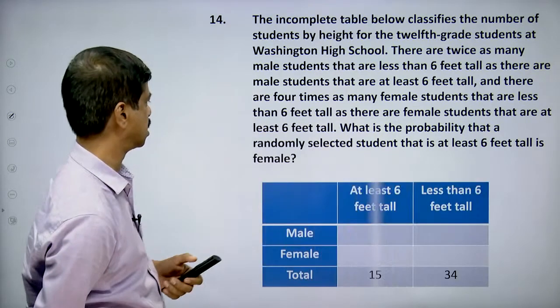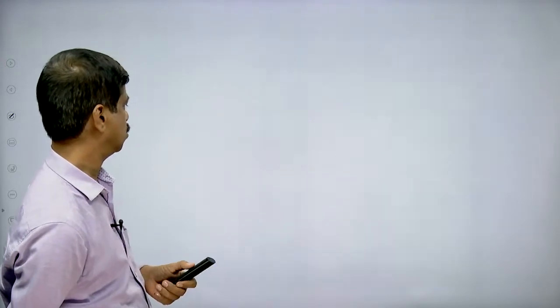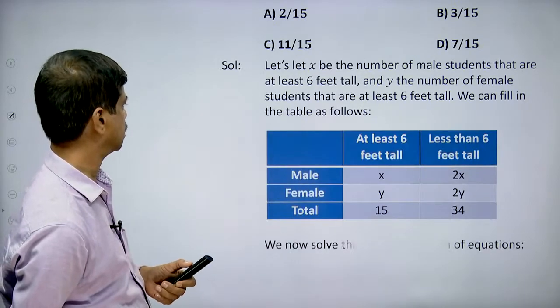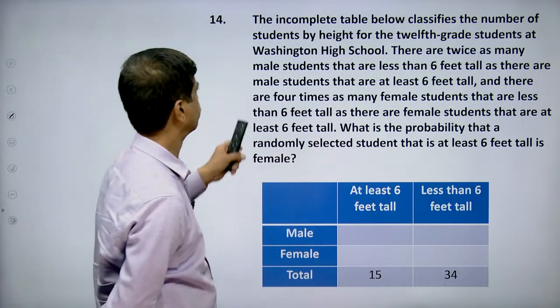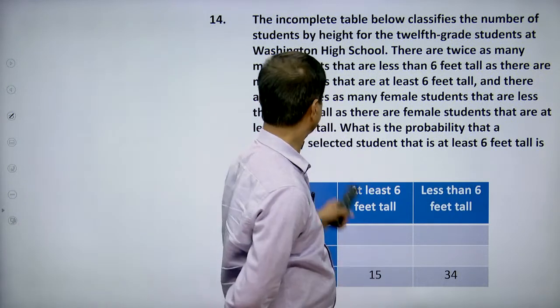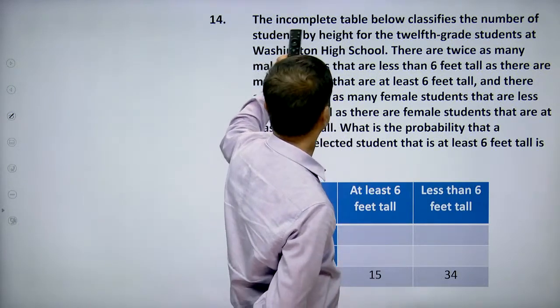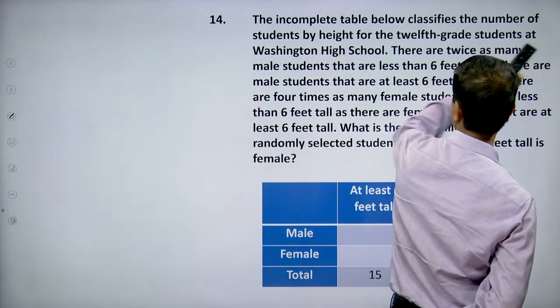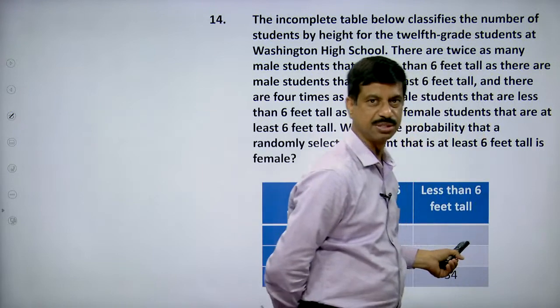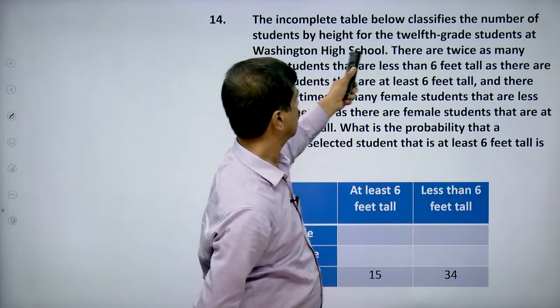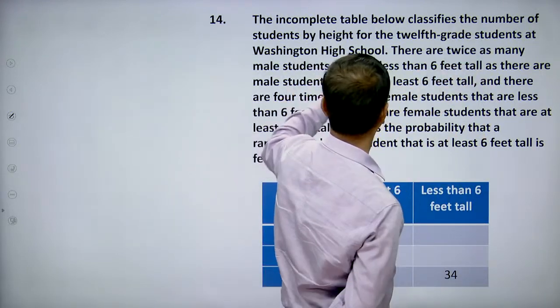So many questions are too many. So let us look at this. Now this is the table. The incomplete table below classifies number of students by height. Incomplete he said, that's why it is blank, children.